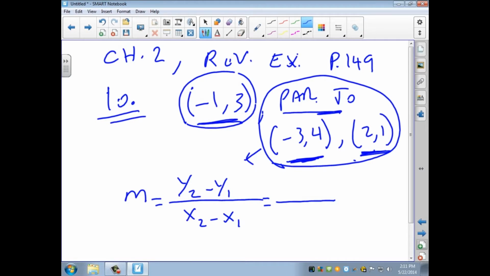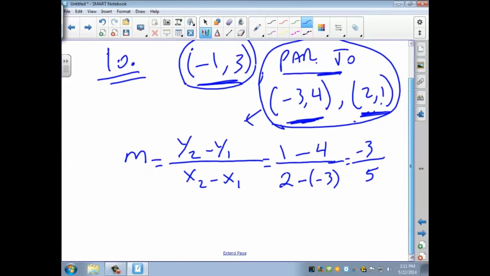So y2 here is 1 minus y1 is minus 4, divided by x2, that is 2, minus x1, minus 3. So that would be equal to 1 minus 4 is minus 3, and 2 minus 3 would be 5. So the slope of the line is equal to minus 3/5.